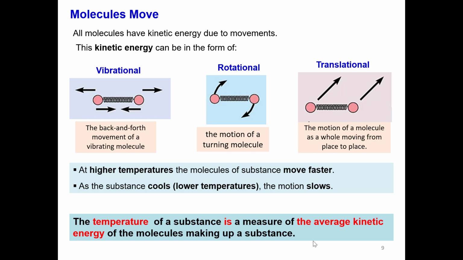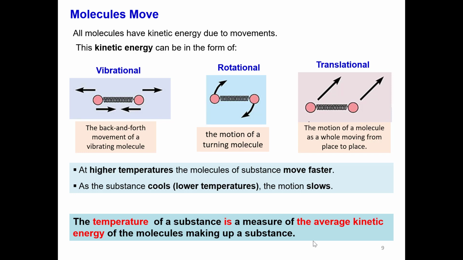But if the substance is cooling down, we will see the temperature is lower. So we can associate that if the molecules of the substance are moving faster, we have a higher temperature. If the molecules are moving slowly, we measure a lower temperature.